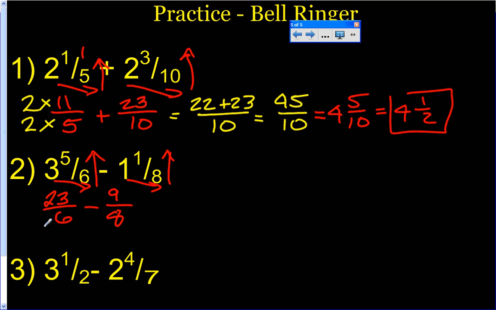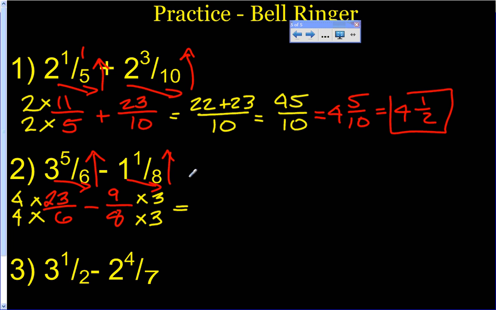So you'd multiply top and bottom of this one by 8, top and bottom of this one by 6. But there is a smaller common denominator, which is 24. So I'm going to use this smaller one, multiply top and bottom of this by 4, top and bottom of this side by 3.